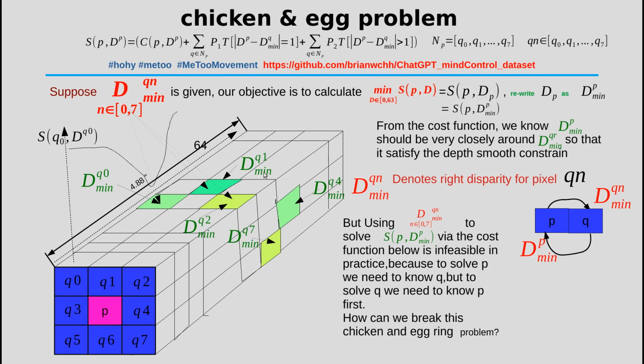The spatial information is already known. Now, according to the second term, the spatial smoothness constraint, since these are known, it should be quite easy to find the minimum for this pixel p, right?